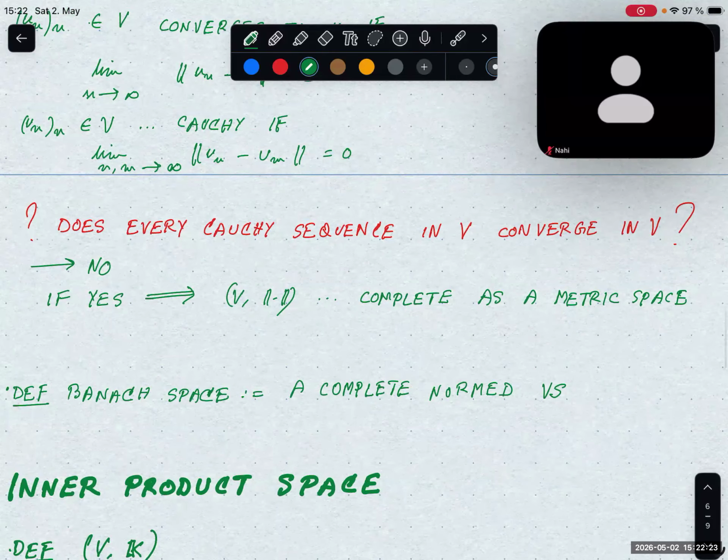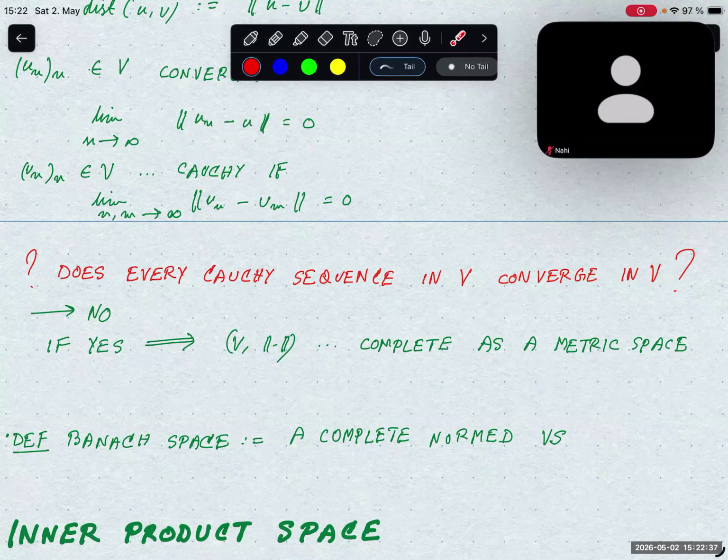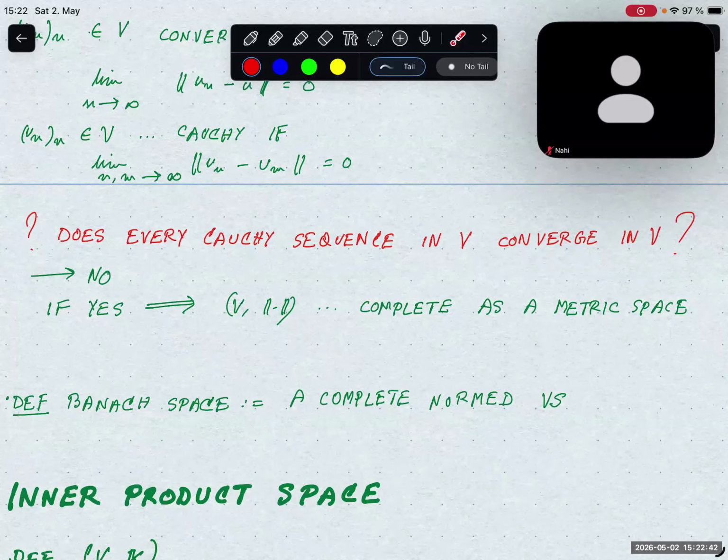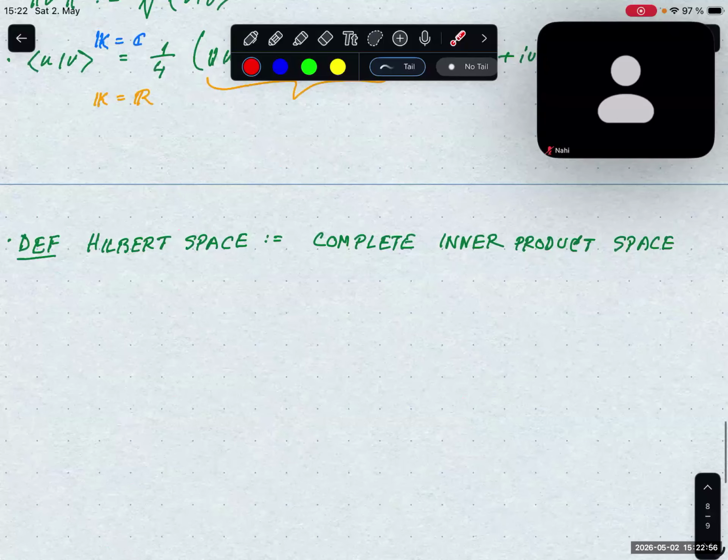Yes, complete as a metric space, in the sense of Cauchy convergence. So you can also say that a Hilbert space is an inner product space which is a Banach space with the norm induced from the scalar inner product. Same definition. Any further question?